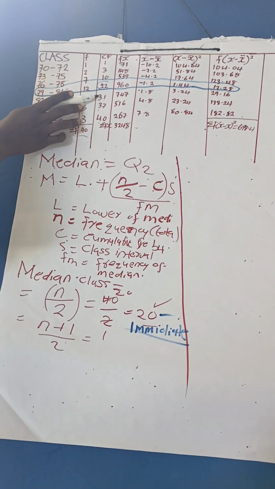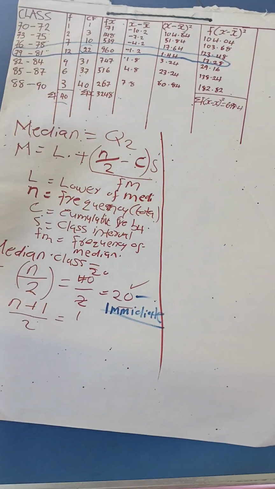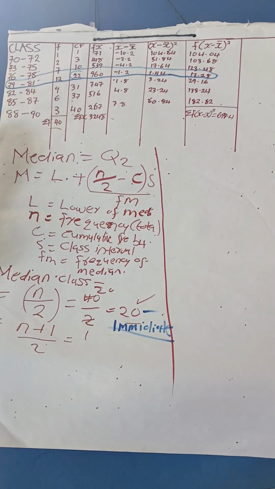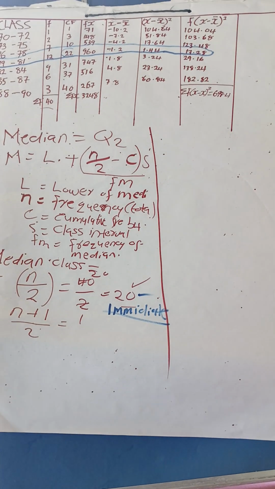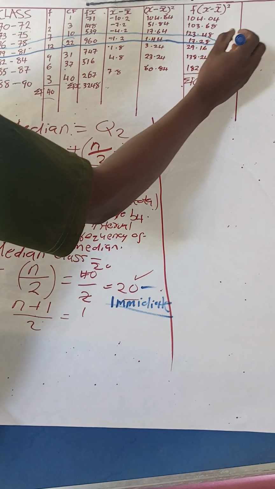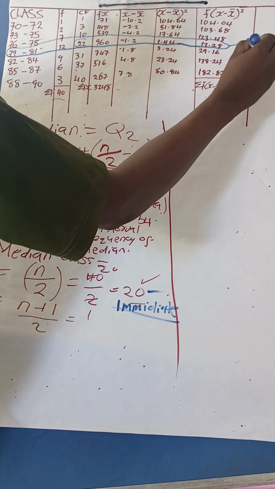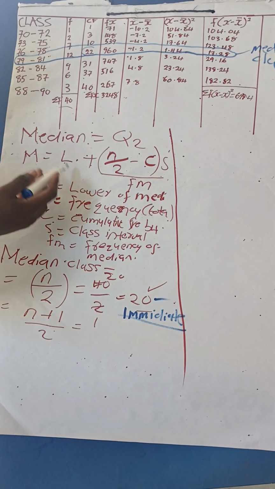Yes, it can lie in 31, but we want immediate, so I will put it in 22. That becomes our median class.